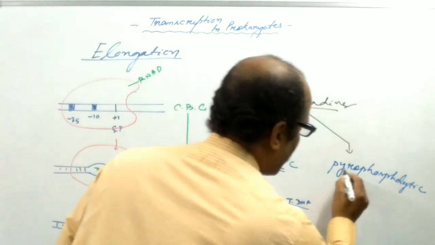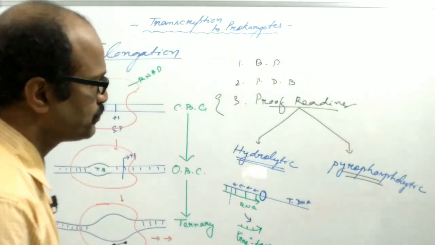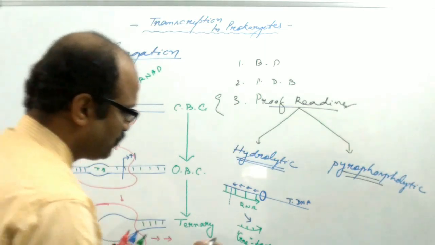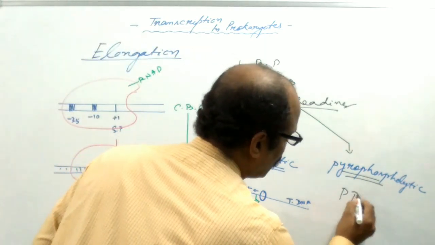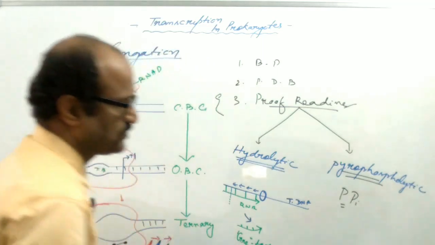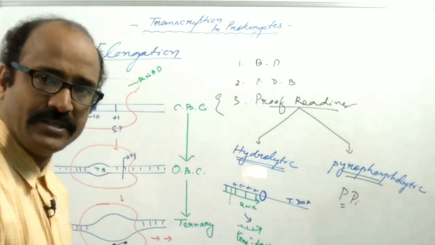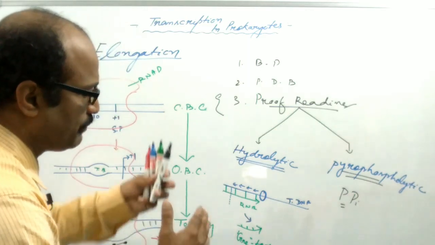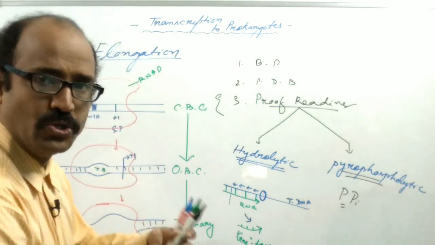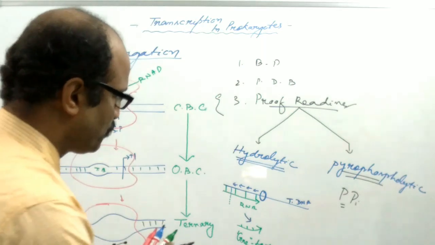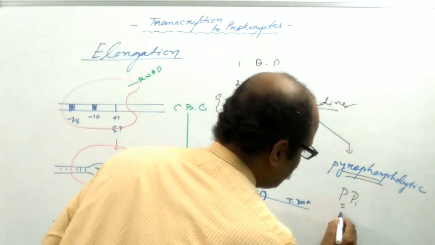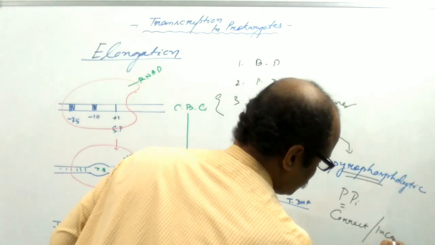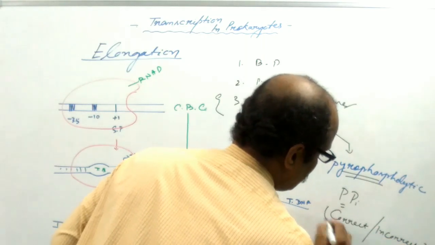So in this idea, pyrophospholytic editing takes place. In this process, pyrophosphate is added. By the incorporation of pyrophosphate, the phosphodiester bond will break, and by this process it may remove the correct or incorrect base pair.